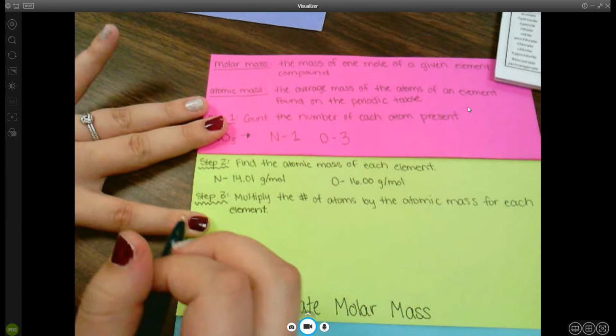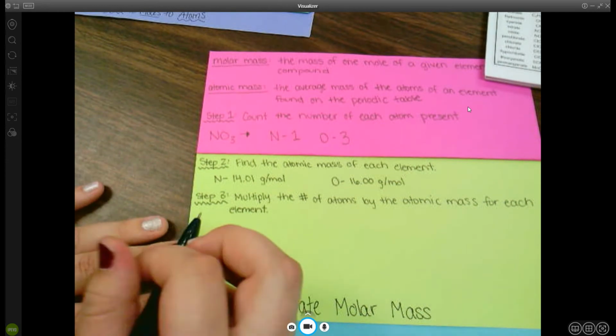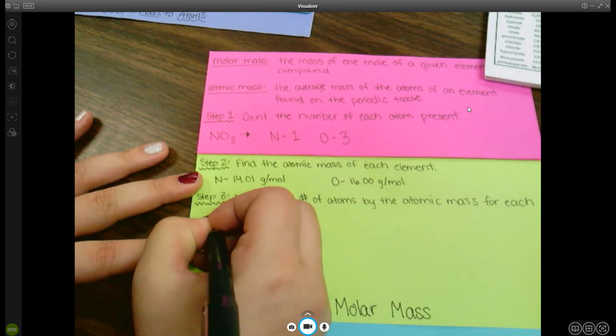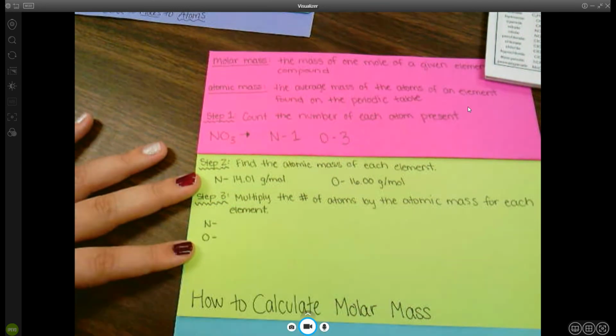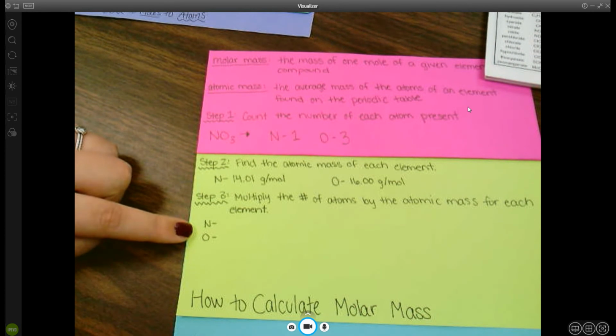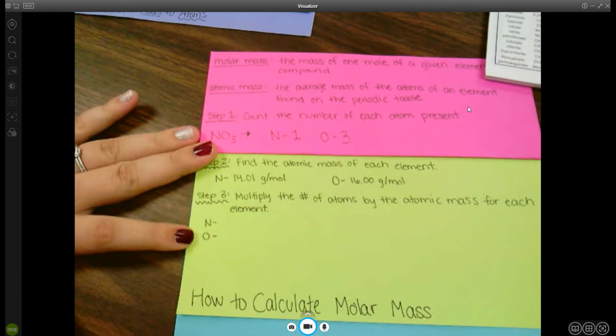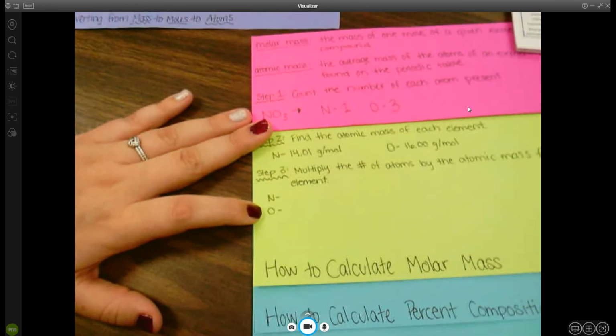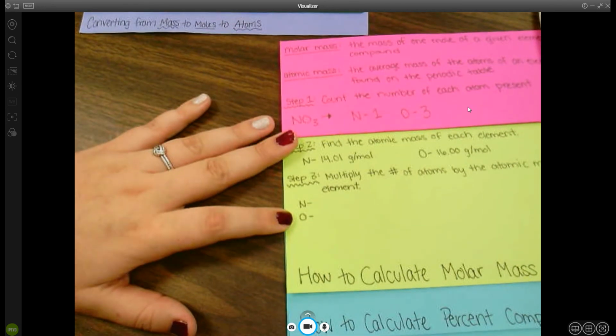Okay, so sorry, I'm just readjusting. So this is how I set this up. I'm going to have my nitrogen and my oxygen. Okay, I'm going to separate these two so I keep it very organized. Okay, so how I do my math is how I want you guys to do your math so I can follow it. Okay, Miss Stone does not chase math.